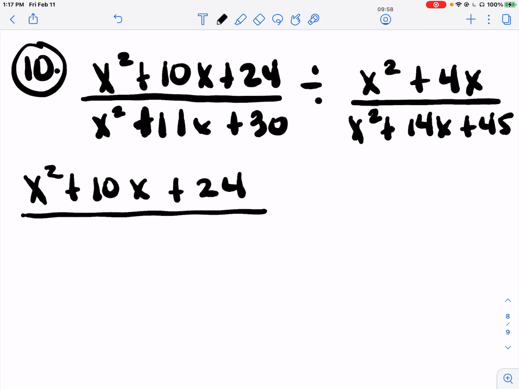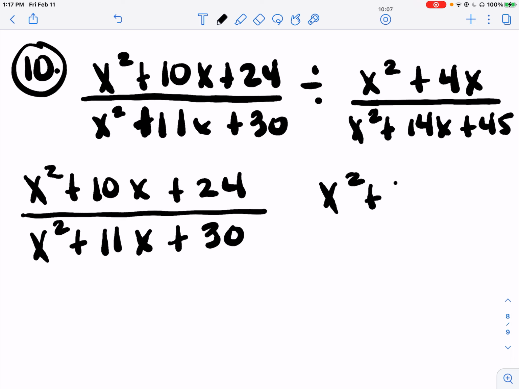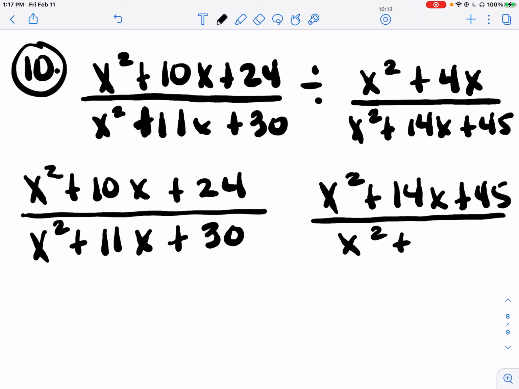Keep the first. We flip the second. And it changes to multiplication.